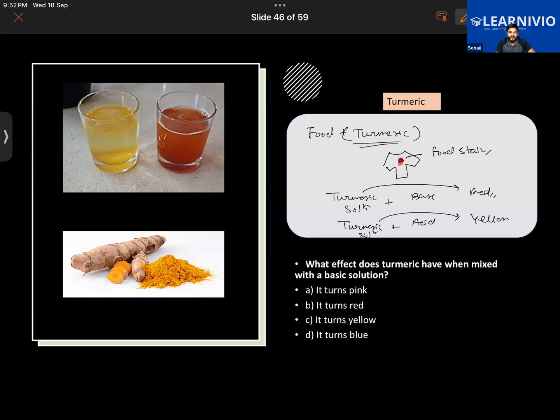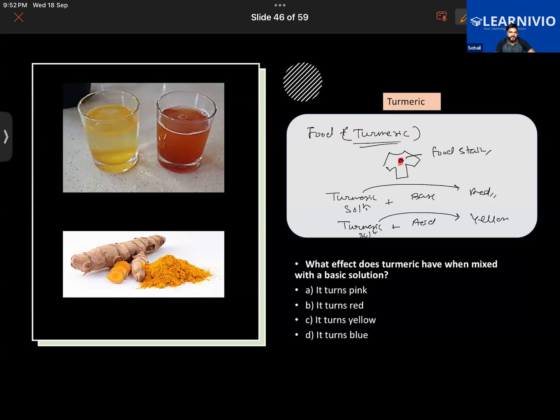Is it purple, dark purple, pink, green? In acid or base? My question is what will happen if I were to drop some acid into red China rose petal solution?